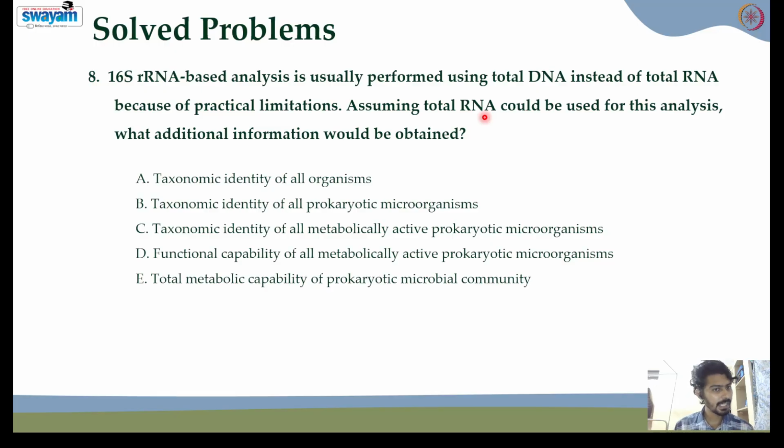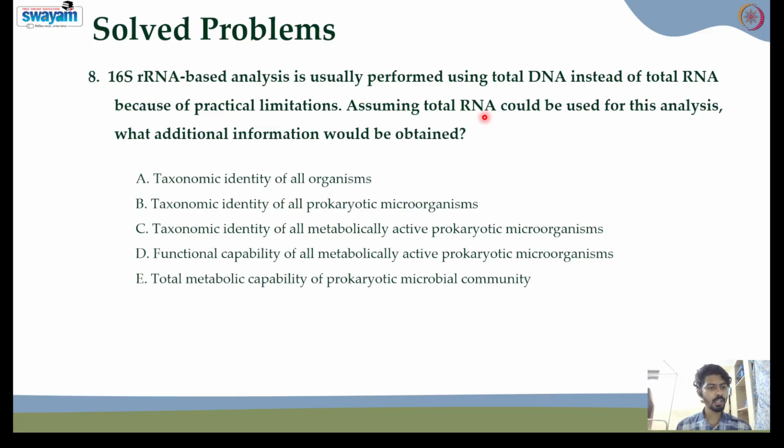And in the earlier lecture, we saw why RNA is not targeted, because of its instability and poor extraction efficiency. But this question tells us to assume that RNA is being used for 16S rRNA based sequencing. So what additional information can you get if you are using total RNA as the template? I hope you understand the question.